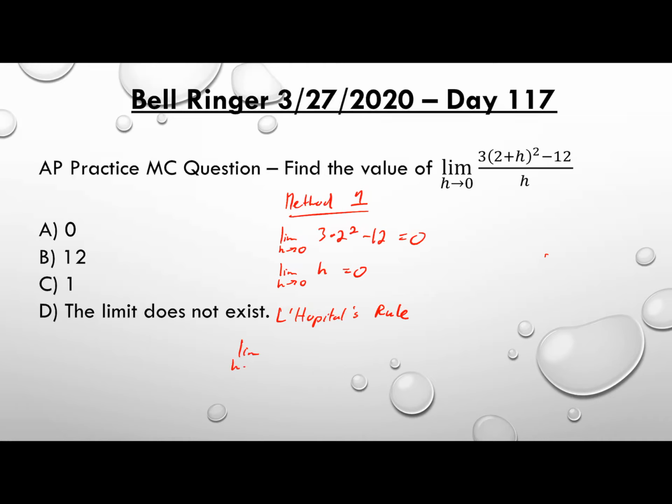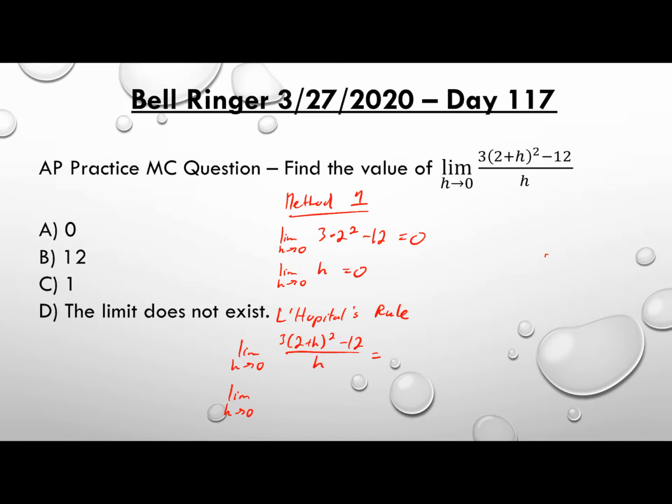So the limit as h goes to 0 of 3 times this minus 12 over h now becomes the limit as h goes to 0. So we have to use the power rule.